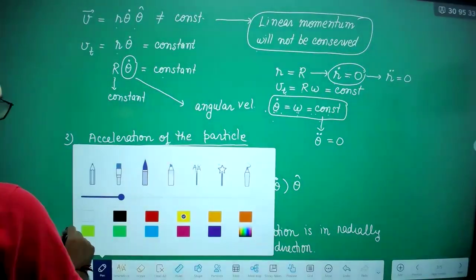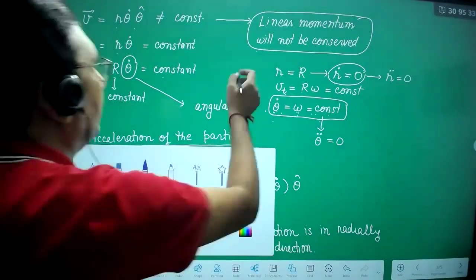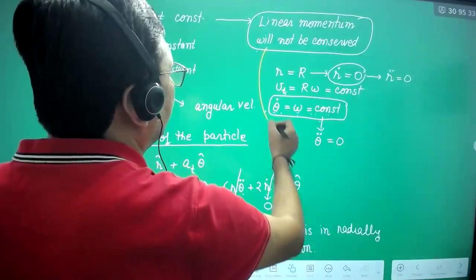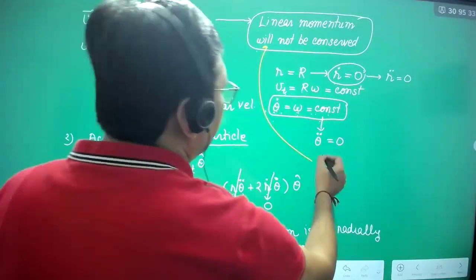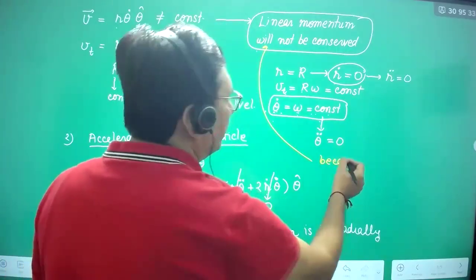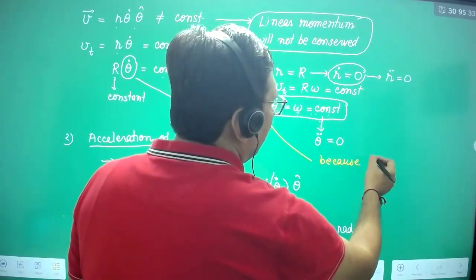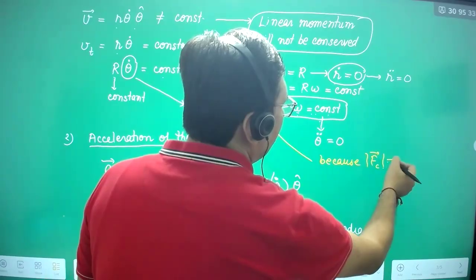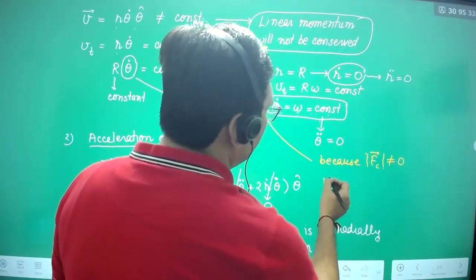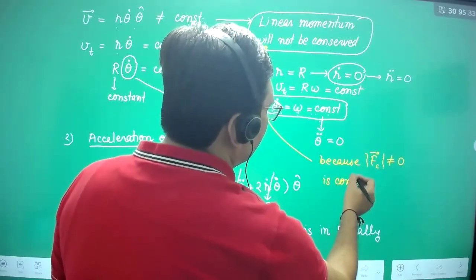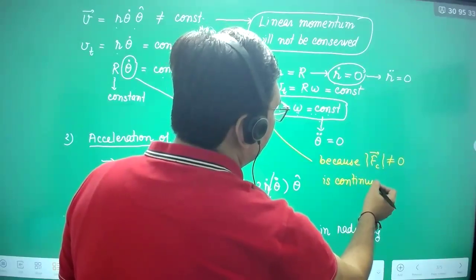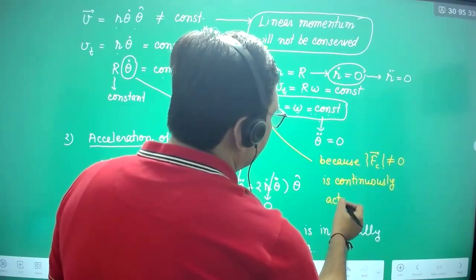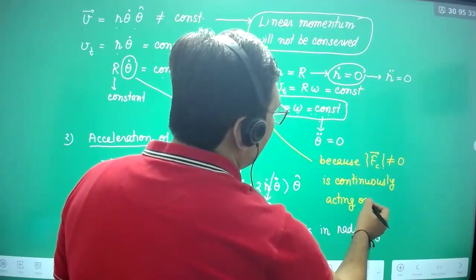Linear momentum is not conserved here because Fc, which is not equal to 0, is continuously acting on the particle.